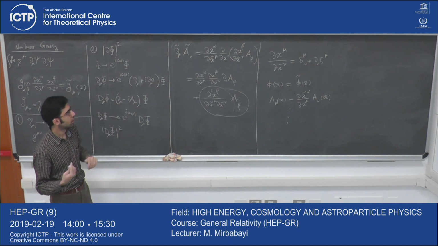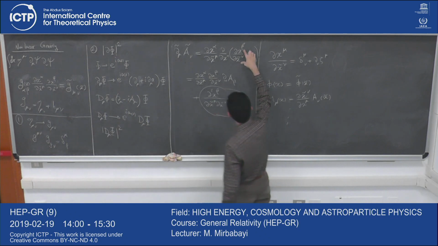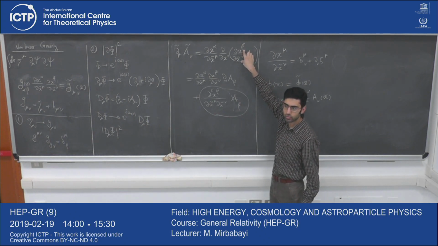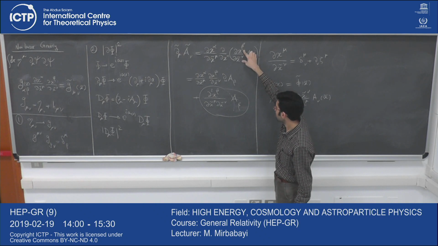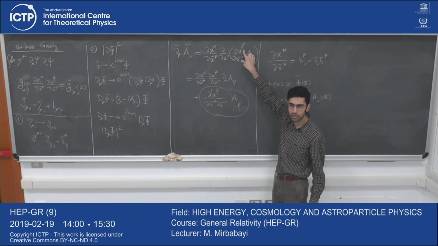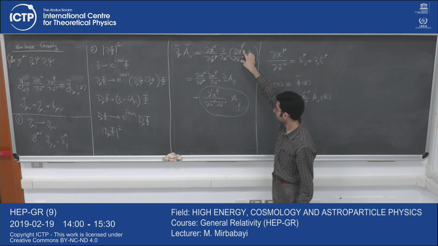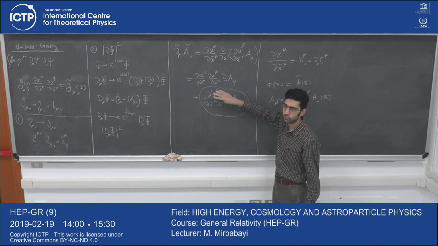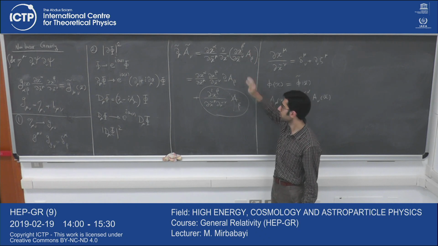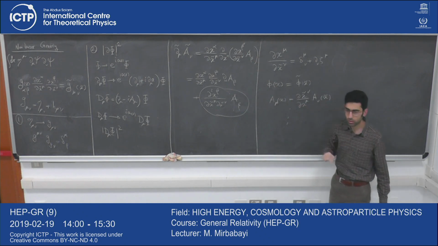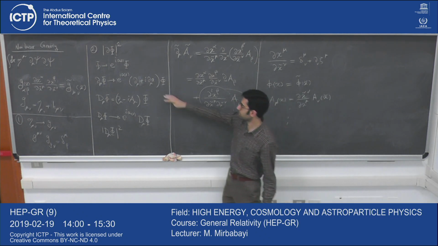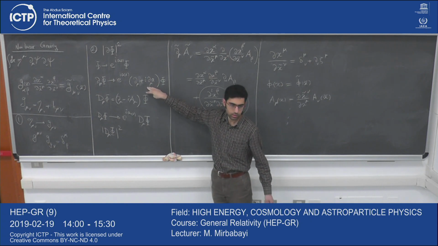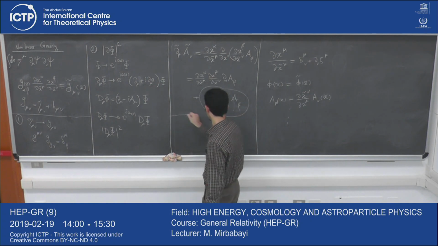Before, when we were talking about a Lorentz transformation, it would be just a constant matrix, and then its derivative would vanish. So this term wouldn't be there if we were just talking about Lorentz transformation. But now when we consider general coordinate transformation, this will be non-zero. It's very similar to the appearance of this term here, and the resolution is also very similar.